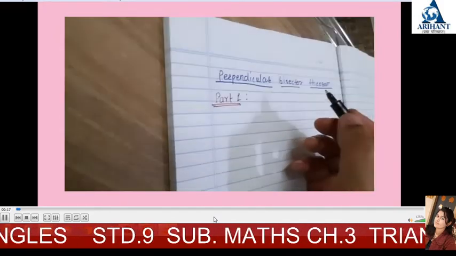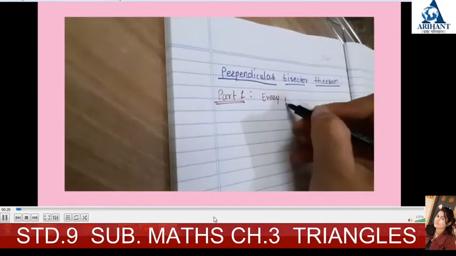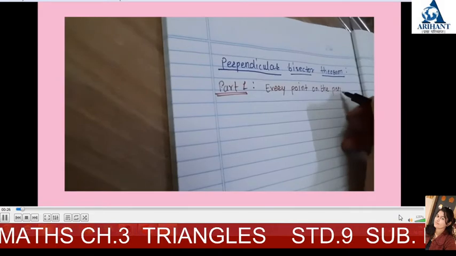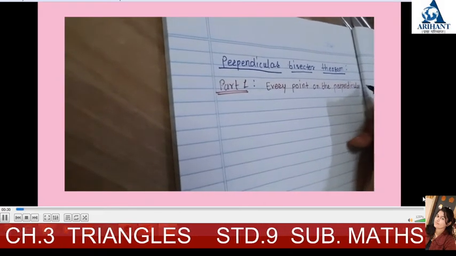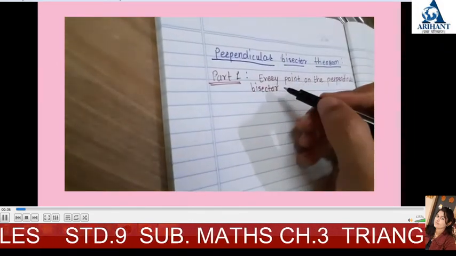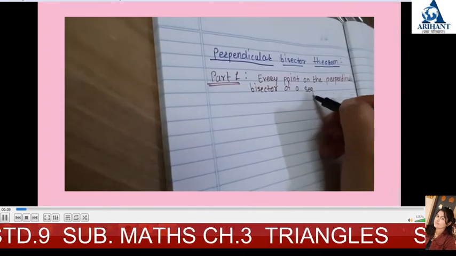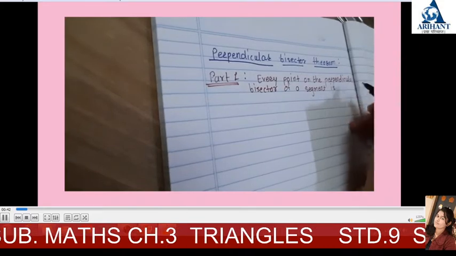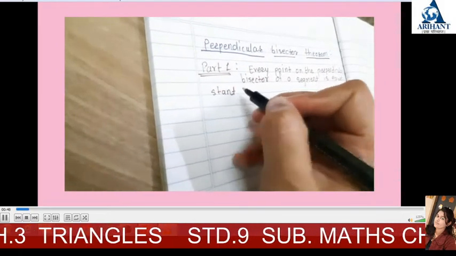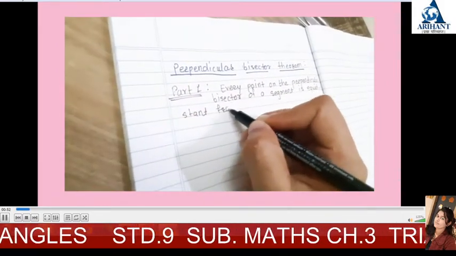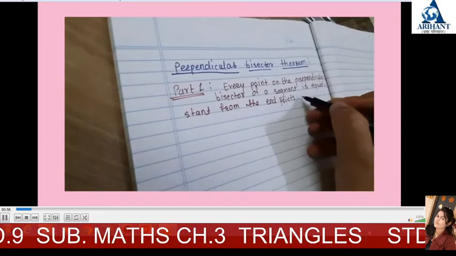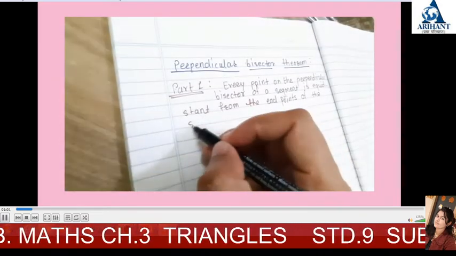Part 1: Every point on the perpendicular bisector of a segment is equidistant from the endpoints of the segment.